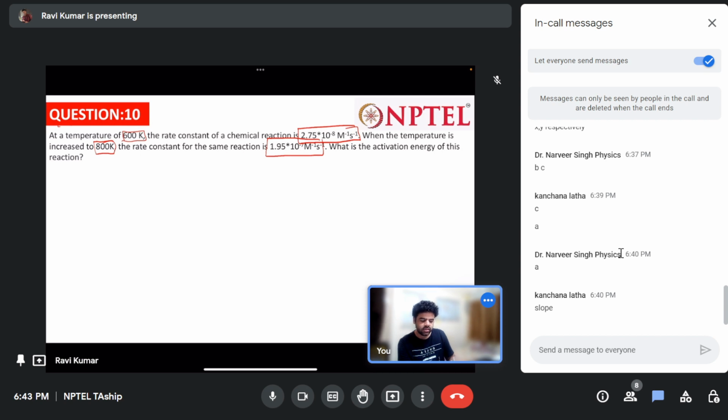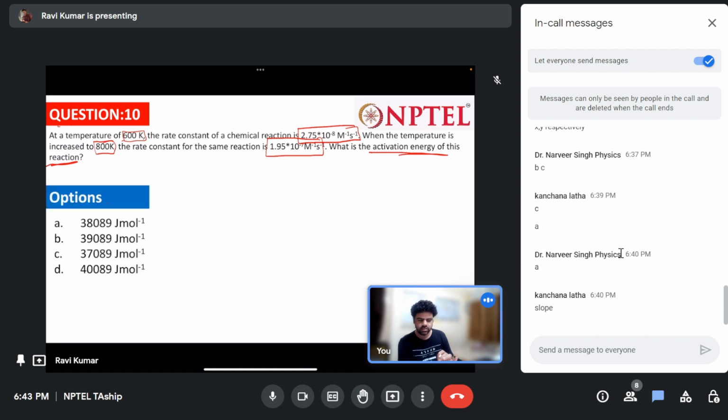So you just need to calculate the activation energy of this reaction based on the Arrhenius equation, and these are the options. Take your time, I am waiting. If you haven't understood, let me know.